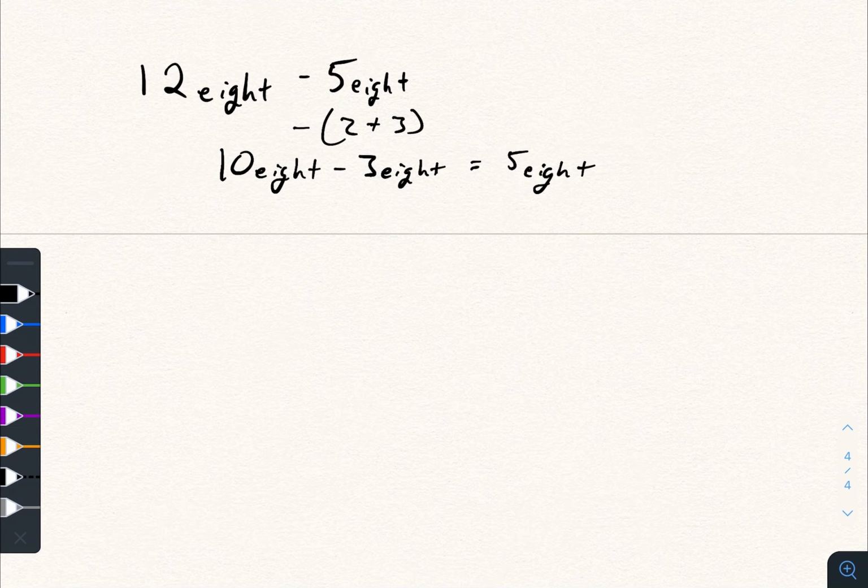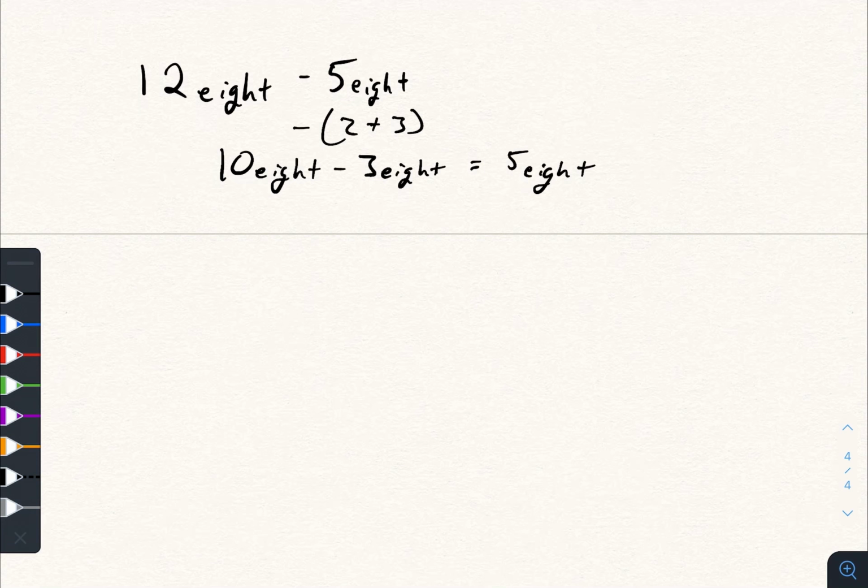Try not to think of these things in base 10 until maybe you're trying to justify your answer to yourself. Try to think of these things purely in whatever base we're in. Part of the reason that we're doing all this is because we're trying to understand the thought process that kids go through when they are learning this stuff for the first time in base 10.